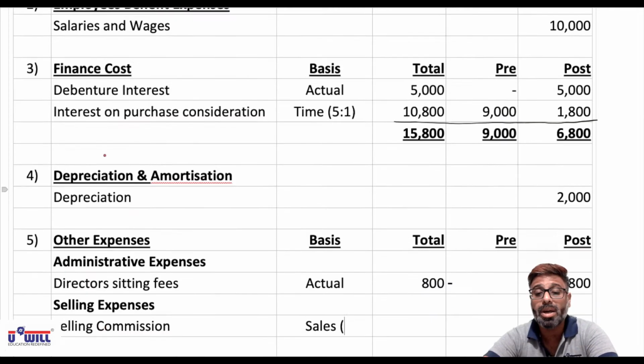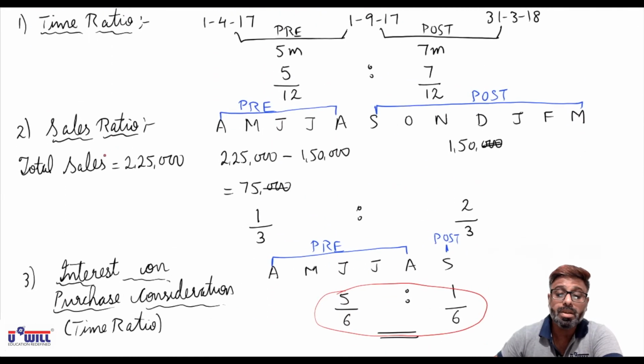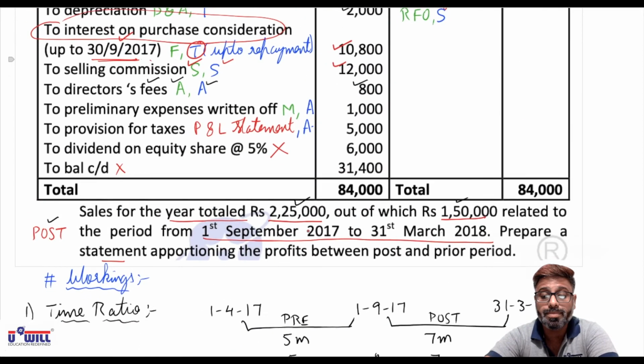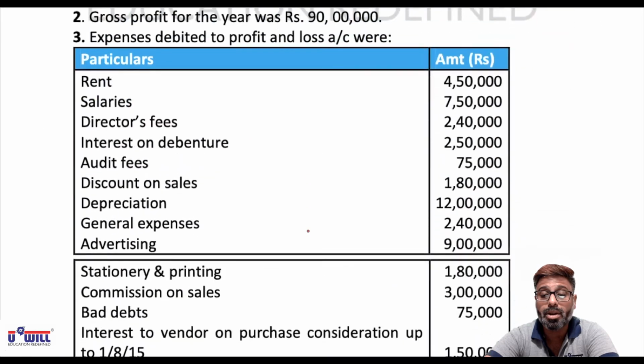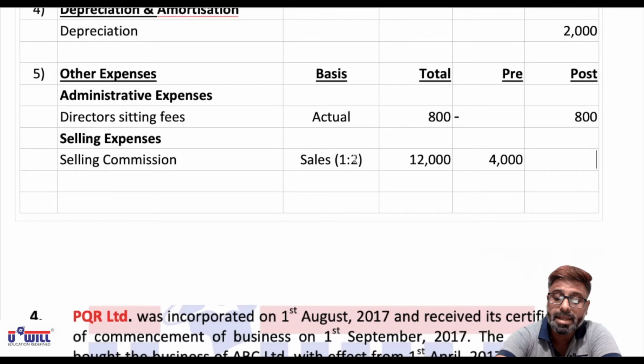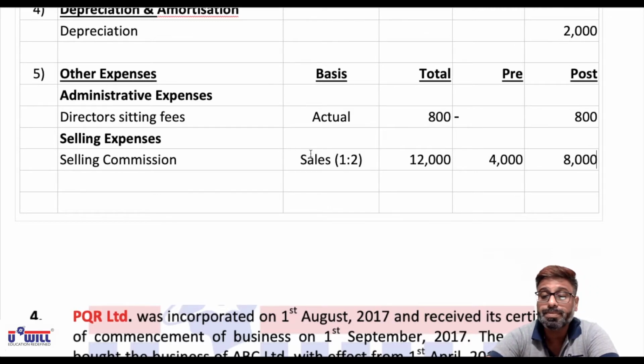We have calculated 1:2, you can see here. So sales basis is done in the ratio 1:2, that is 1/3 and 2/3. 12,000 into 1/3 is 4,000, and 12,000 into 2/3 is 8,000. I hope everyone is clear with this.